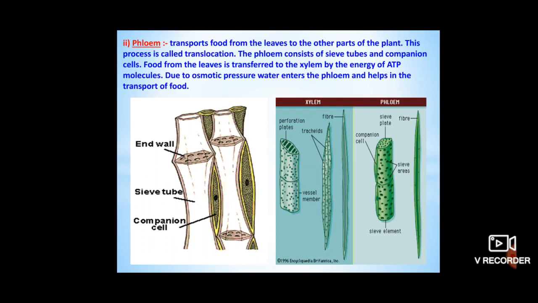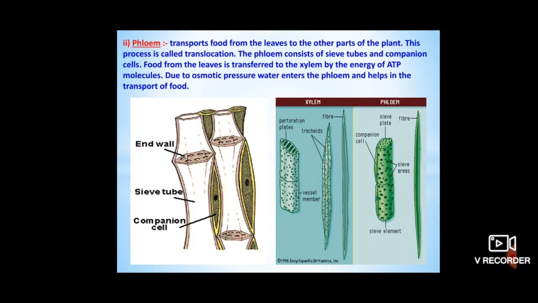But in the phloem, we find both directions, upward as well as downward. The transportation of food particles takes place from the leaf to all the parts of the plant body, like the tip of the plant body as well as the root tip. That's why the phloem is also called food conducting tissue.